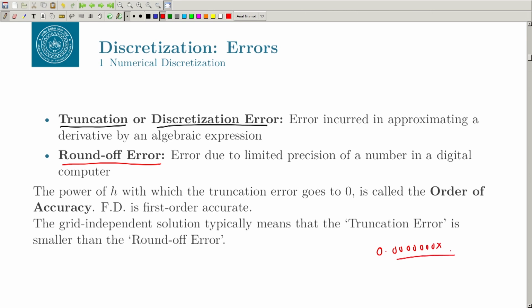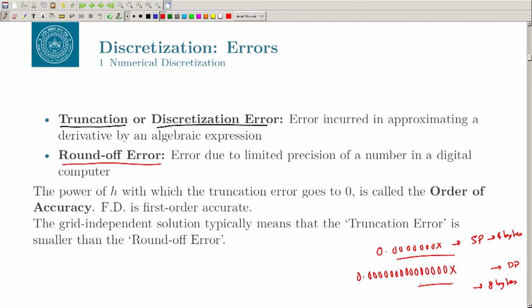This is the accuracy for single precision. Similarly, if you use double precision, you will get approximately up to 16 digits: 9, 10, 11, 12, 13, 14, 15 and 16. This is your double precision, which takes 8 bytes.